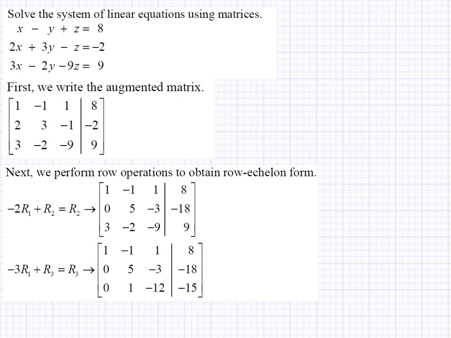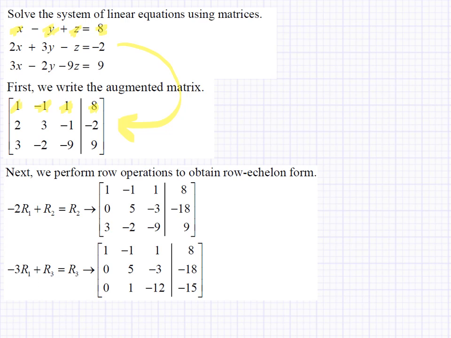The setup is basically the same in terms of what we're going to try and accomplish. First thing we're going to do is create the augmented matrix. The first equation is 1x minus 1y plus 1z equals 8, so 1, minus 1, positive 1, 8.